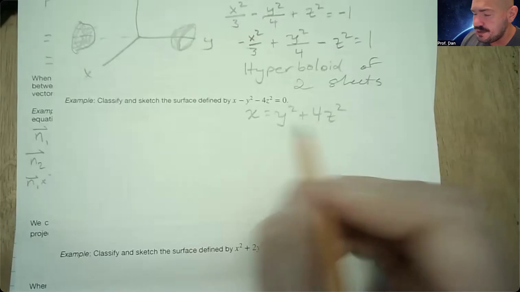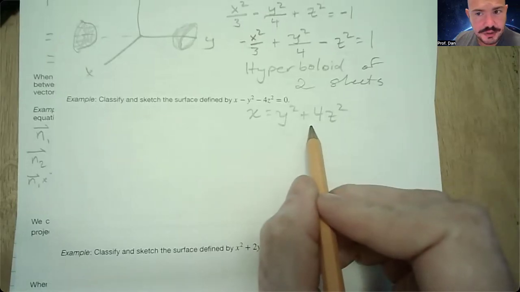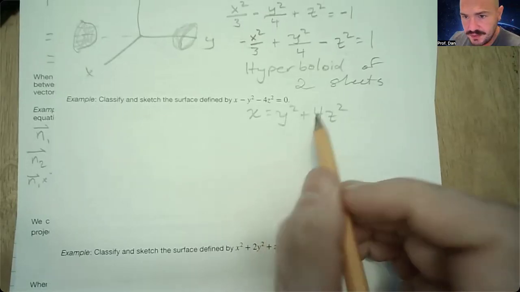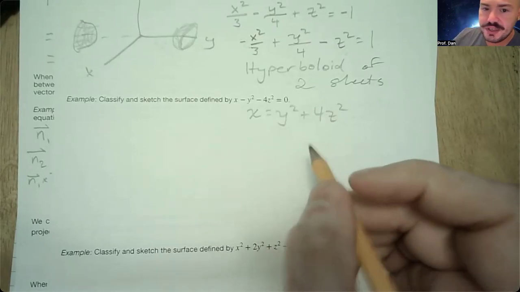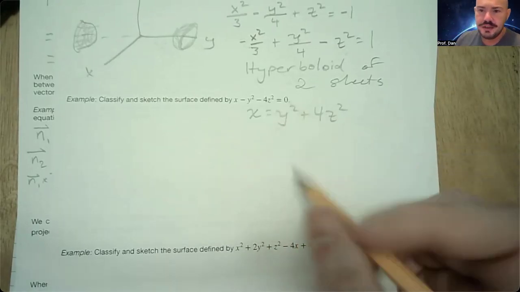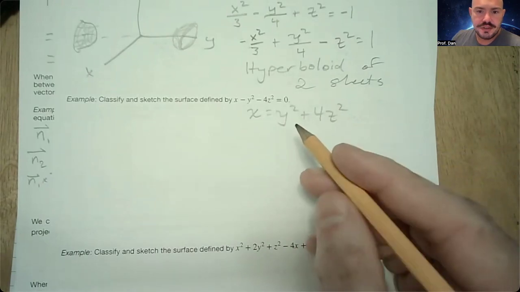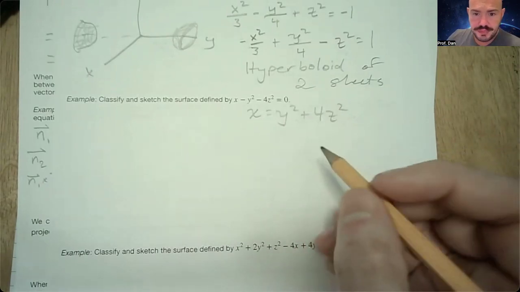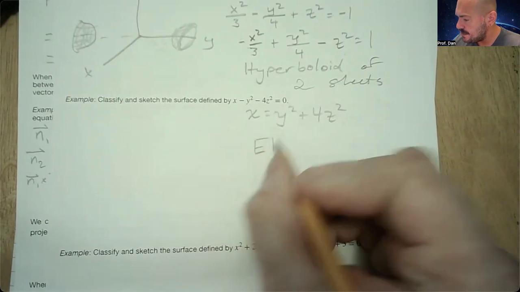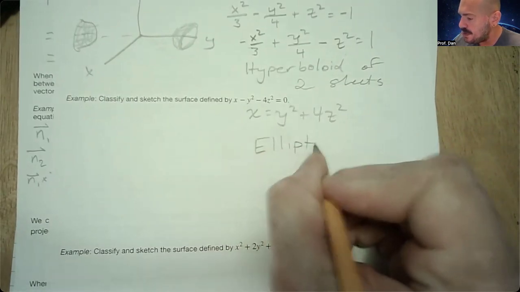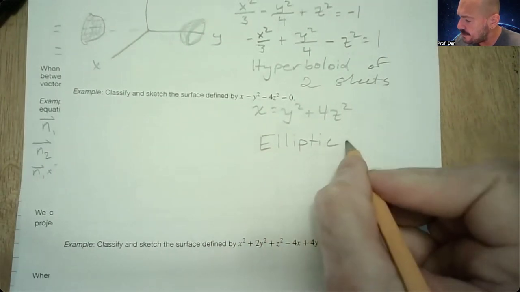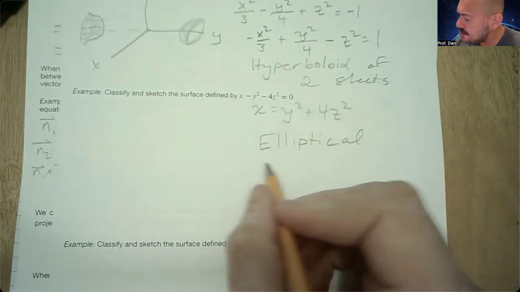Now look at these two squared variables. Do they have the same sign or opposite signs? They have the same sign, which means this is going to be an elliptic paraboloid. Remember, it would be hyperbolic if they had opposite signs.